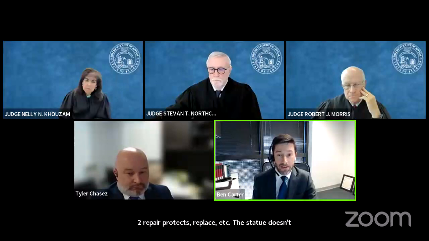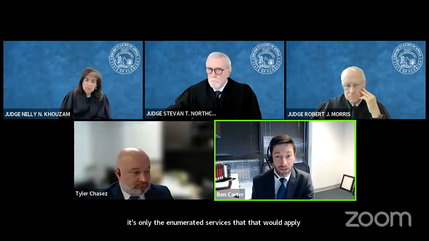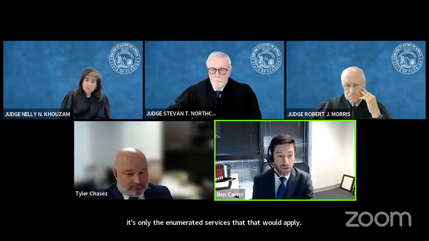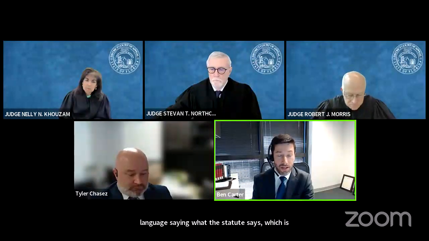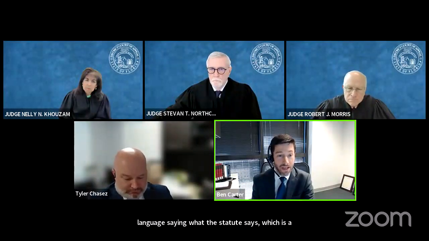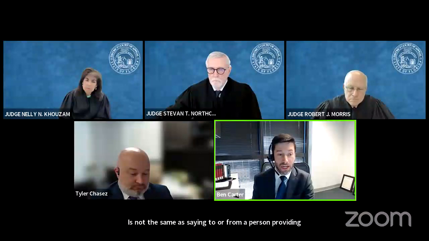HICA would read it as only the enumerated services that would apply. However, this argument is contrary to that plain language, saying what the statute says, which is a person providing services to protect, repair, restore, etc., is not the same as saying to or from a person providing protection, repair, restoration, replacement, or mitigation services, which is how HICA reads the statute.